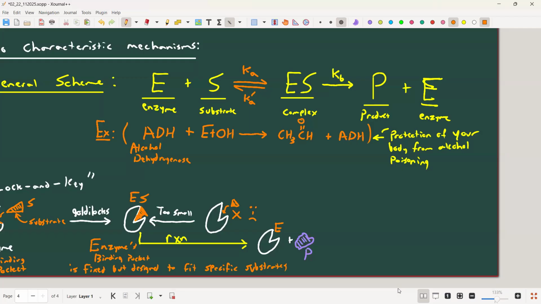Let's think, for instance, you have alcohol dehydrogenase, and we use lock and key, and we say it fits ethanol perfectly, and then you drink rubbing alcohol. Well, rubbing alcohol is a much larger species. It's not going to fit in that pocket, but what you do find is that ADH is somewhat effective at decomposing and dehydrogenating rubbing alcohol, isopropyl alcohol.